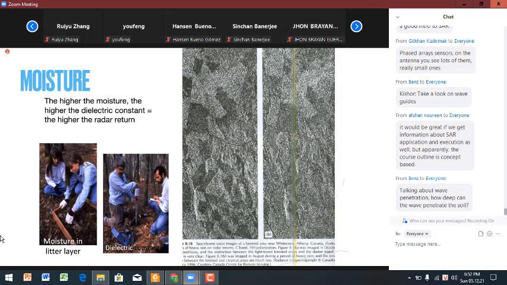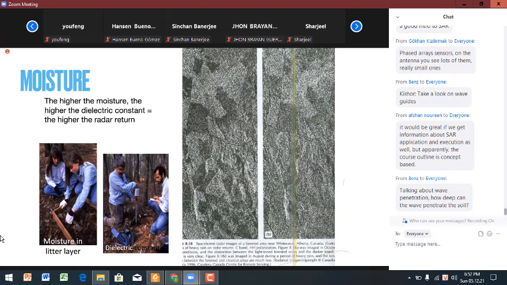But it can also be difficult if you are not really interested in soil moisture, if you want to classify other things. If you're interested in classification of crop types, for example, you may see that the moisture of the soil is changing your reflection. Whether it has currently rained or not is probably going to change your radar signal more than what type of vegetation you have here.